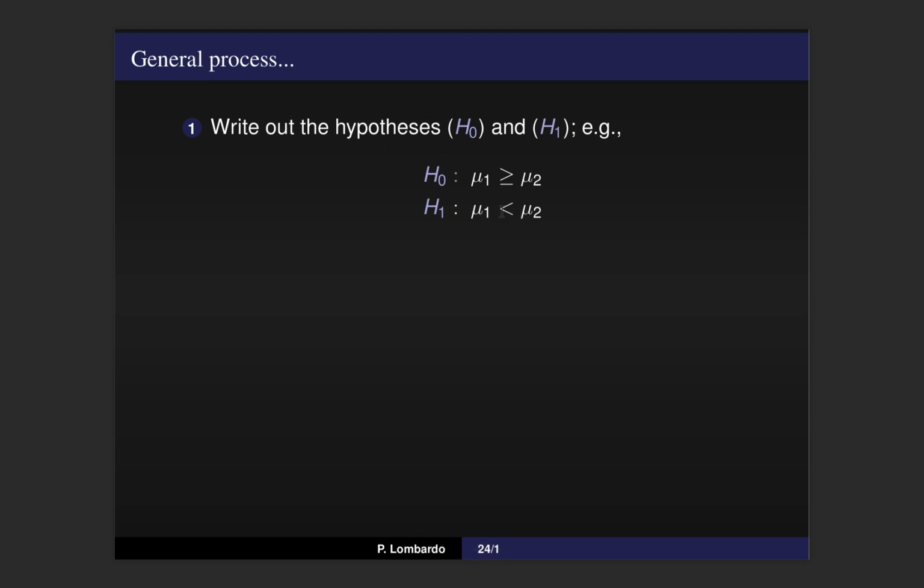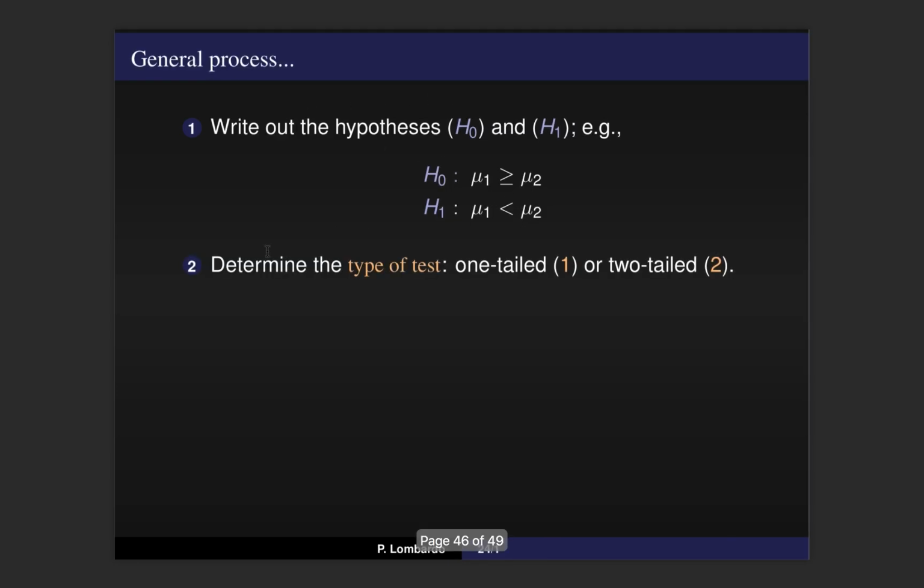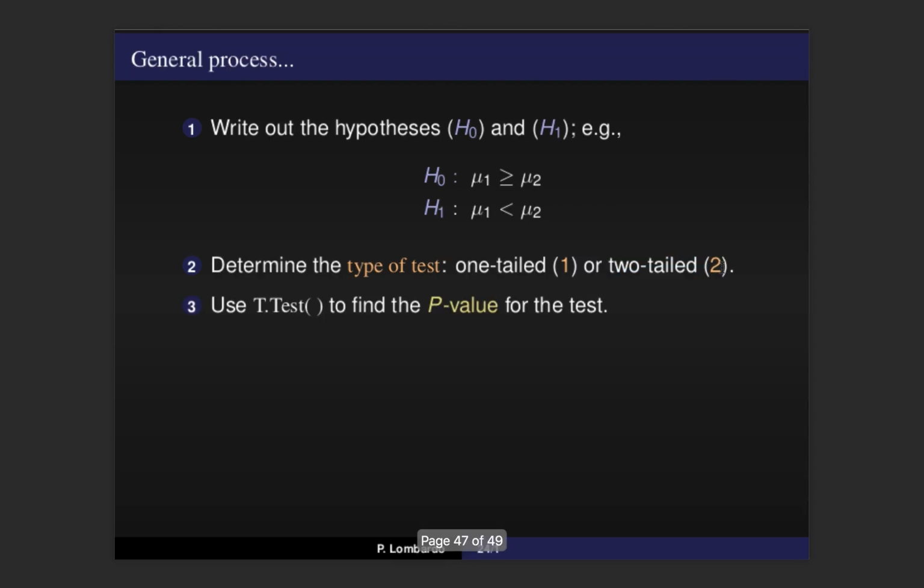So in this case, we write out our null and alternative hypotheses. The type of test, right tail, left tail, are considered one-tailed tests, means that you would plug in a 1 for the tails argument. And a two-tailed test, when you have exact equality as your null hypothesis, means you plug in a 2 for your tails argument. Okay? So once we know the type of test, we know what that argument should be in our t.test command.